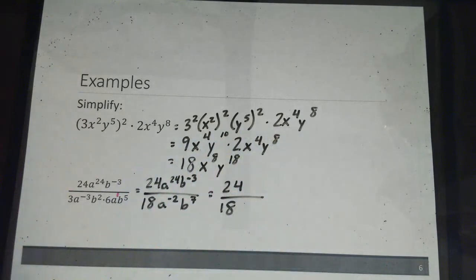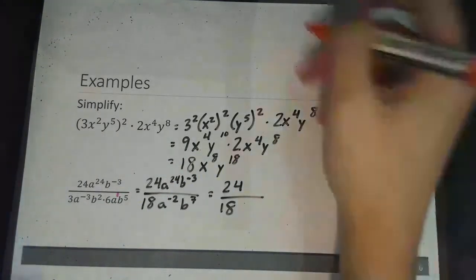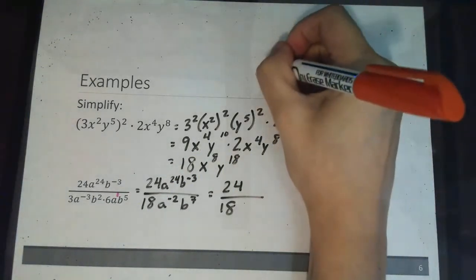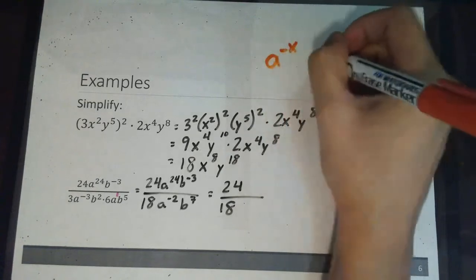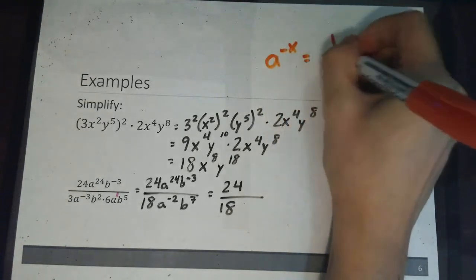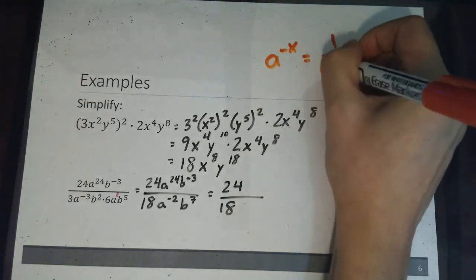I'm going to bring back a rule that we saw 2 slides ago now. It was our negative exponent rule, and it said if we have a raised to the negative x power, that's equal to 1 over a to the positive x power.